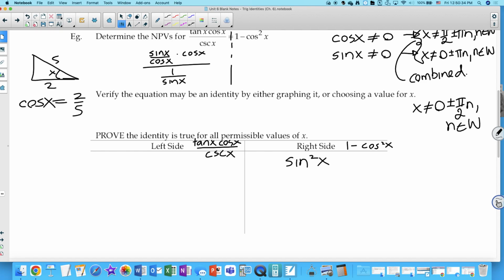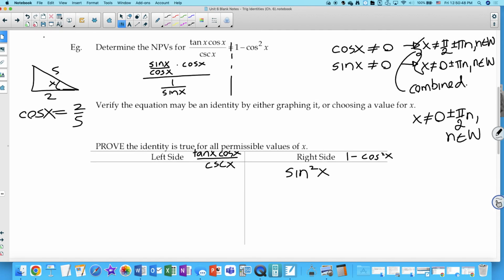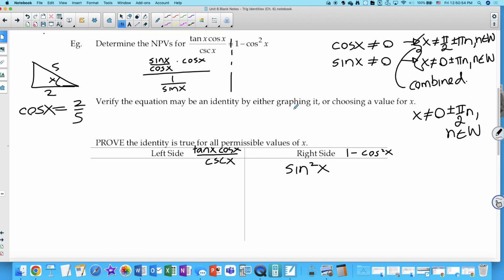And then I'm going to leave that side alone. And in fact, on the left side, a lot of the work when you have to state non-permissible values, you have to go in that direction anyway. So I'm just going to kind of pick up where I left off over here with writing everything in terms of sine and cosine, so that I could see my non-permissible values.